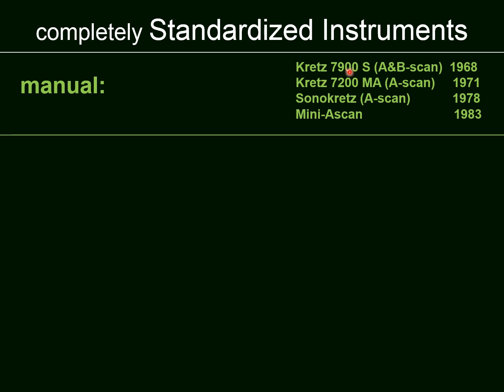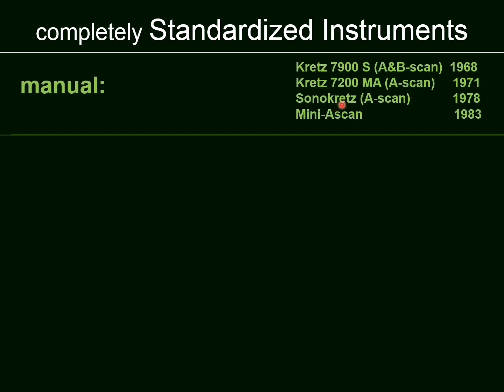The very first unit was a CAT 7900S A and B scan for immersion techniques, 1968. The most popular unit in the 70s was the CAT 7200MA, a sole A scan.